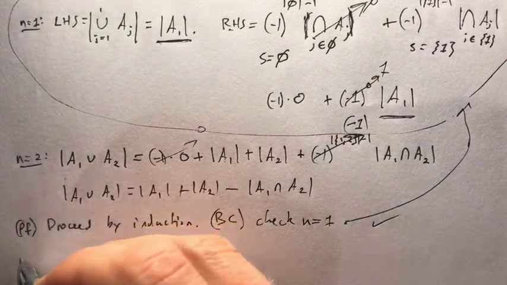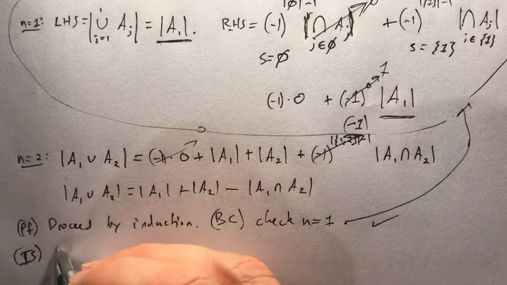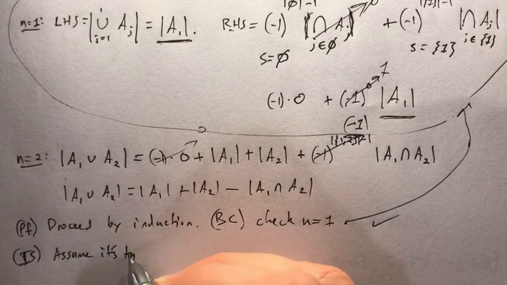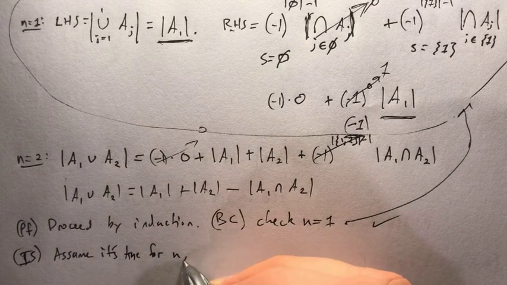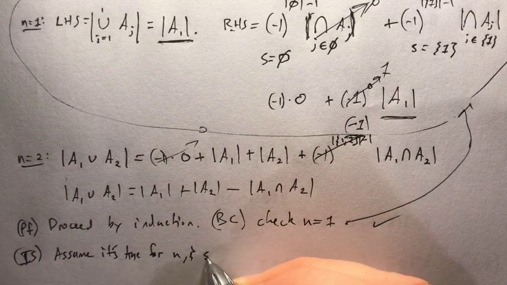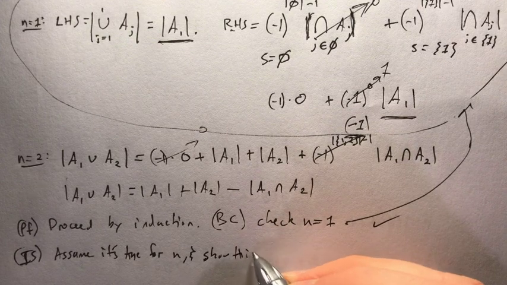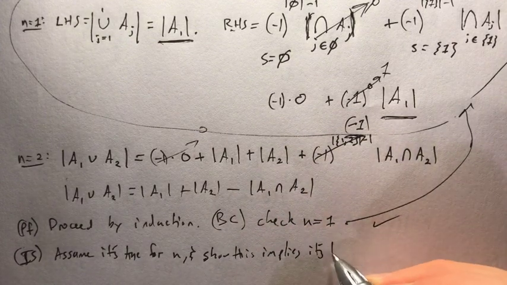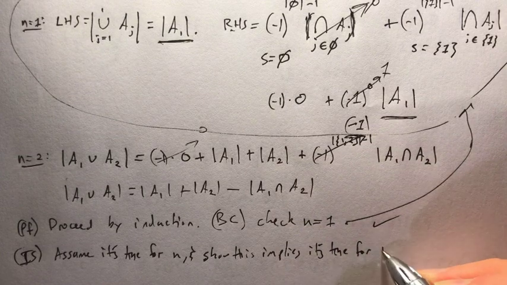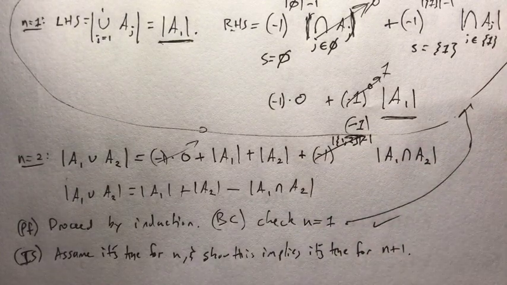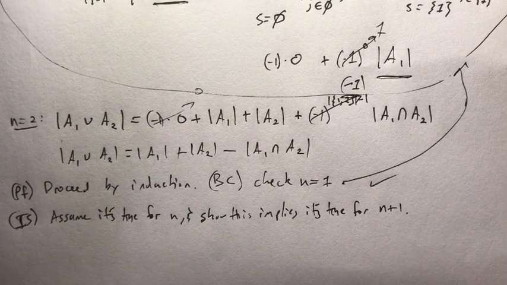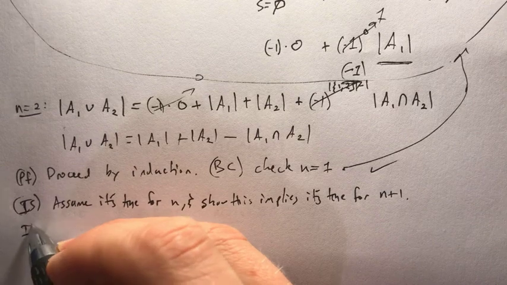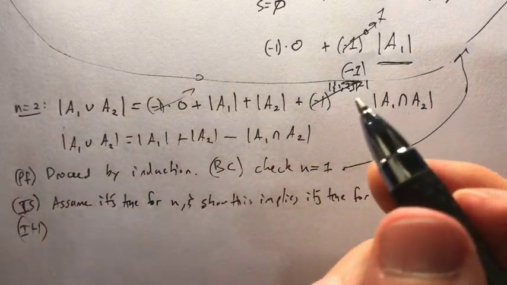So for the inductive step, we assume it's true for n and show this implies that it's true for n plus 1. In order to do this, we'll start with our inductive hypothesis, which is precisely the theorem statement.